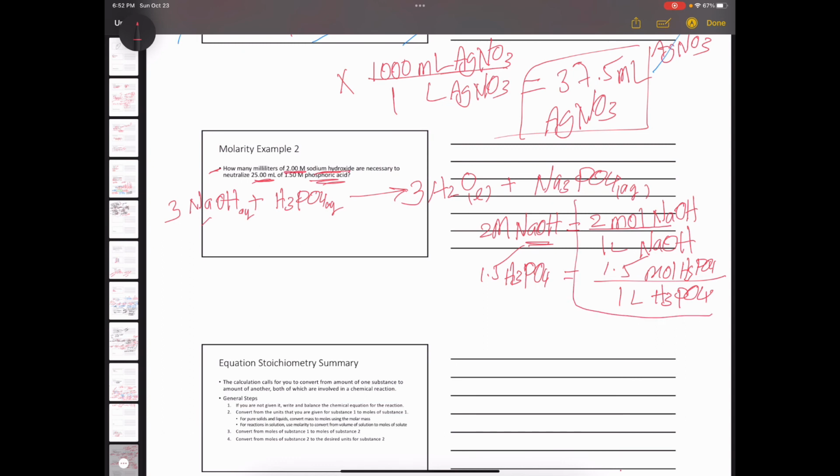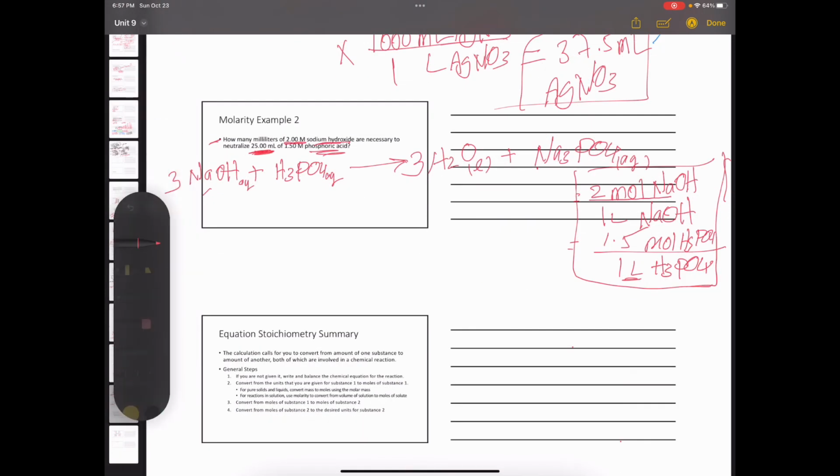Now I can use my molarity fractions as conversion factors to convert between moles and liters, similarly to the molar mass to convert between moles and grams, as I said earlier.